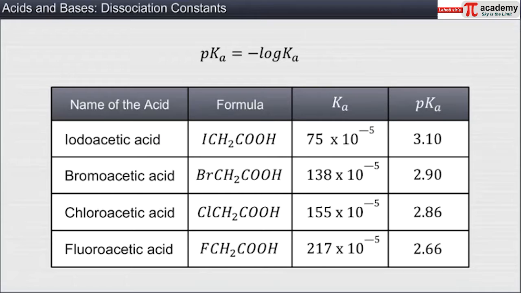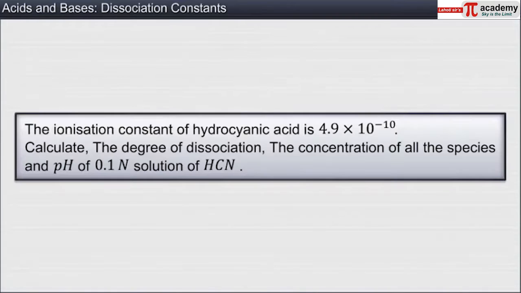The dissociation constant Ka helps us in calculating the pH, equilibrium concentration, and degree of dissociation of a given weak acid. This problem will help you understand the steps to calculate the degree of ionization, equilibrium concentrations, and pH of a solution when the initial concentration and dissociation constant of the acid are known.